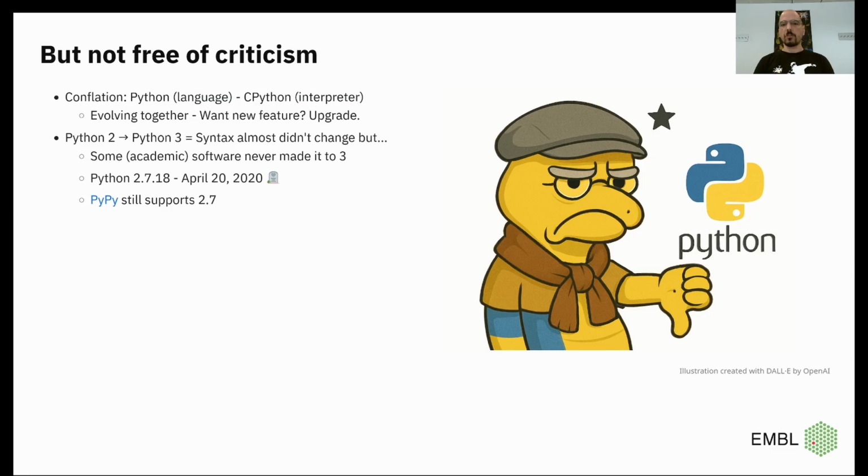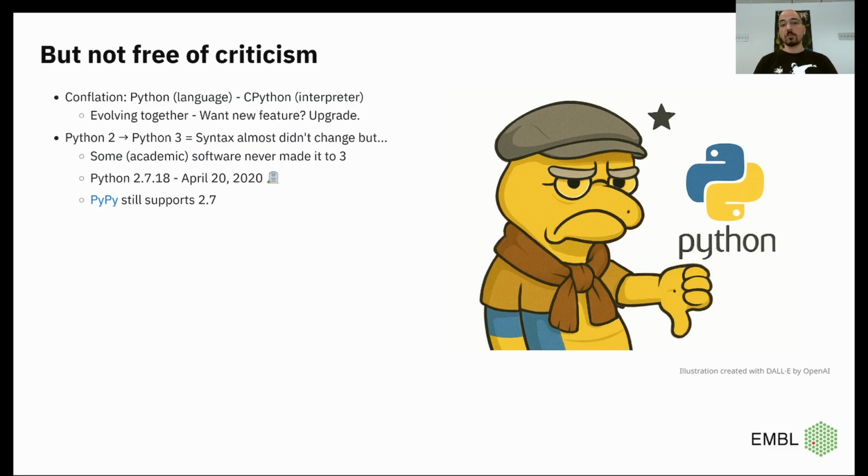And there have been some difficult periods in the past. One of the most known is the transition from Python 2 to Python 3. The syntax didn't actually change much, so the language itself didn't change much, but the interpreter had some significant changes internally that led the Python core developers to make a major digit change.